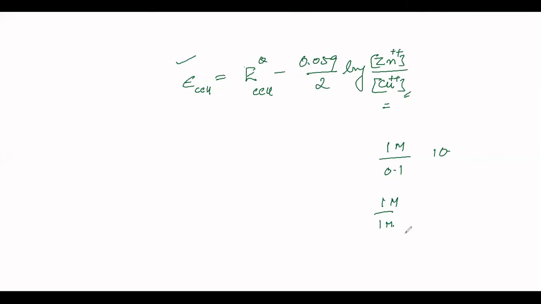If you consider the third option here, 0.1 divided by 1 molar, cathode concentration is more here, anode concentration is less. So this becomes minus, minus of minus, it becomes positive. So in option 3, you will have the highest cell potential, and here it will be lowest.